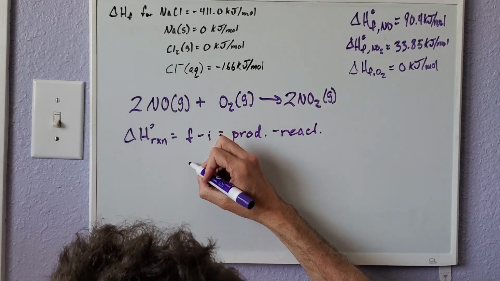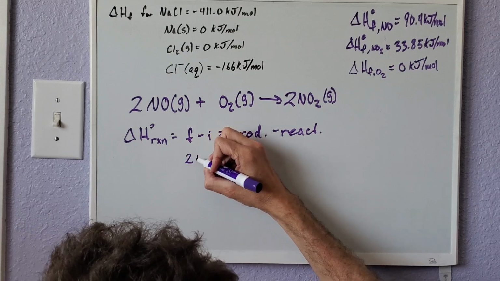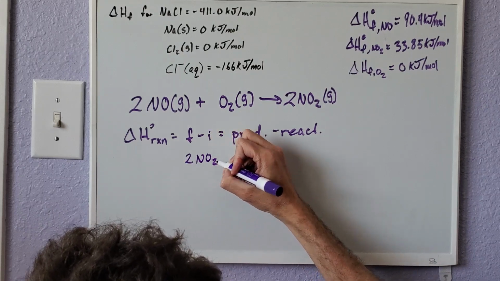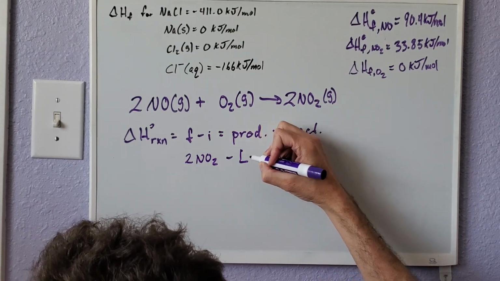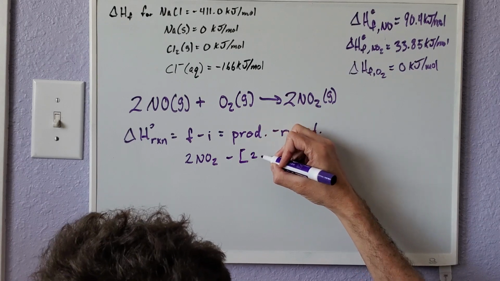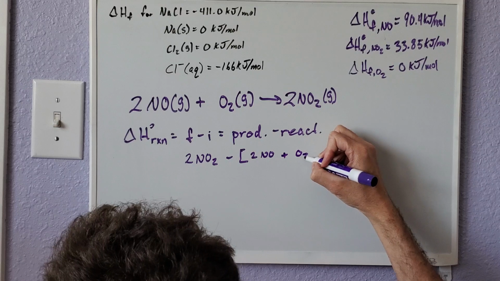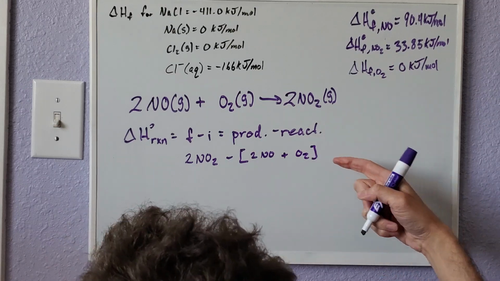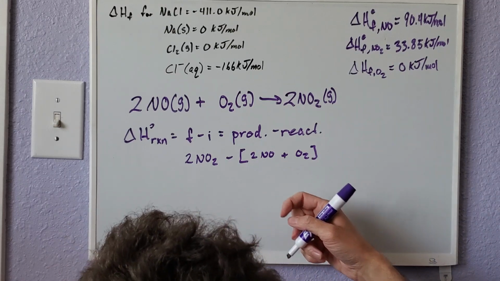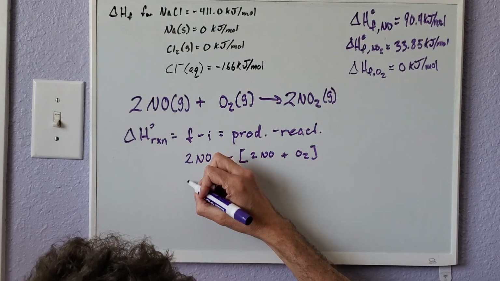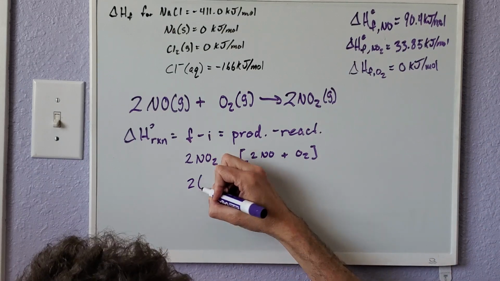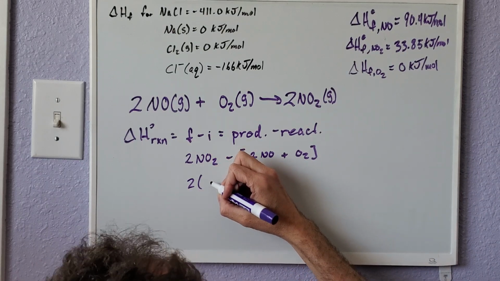And so here, we have our products, our 2 NO2s, minus the sum of our 2 NOs plus our O2. And so here, we know the delta H's for all these, and so we just have to plug them in.